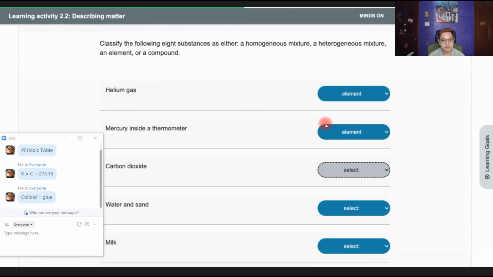Carbon dioxide. What is that then? I think it's a compound.